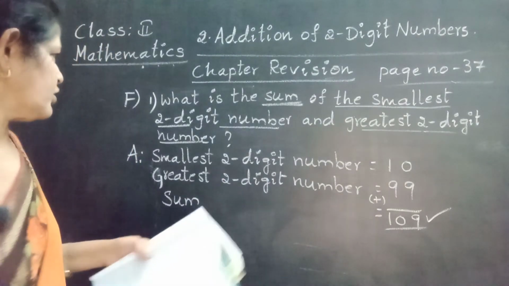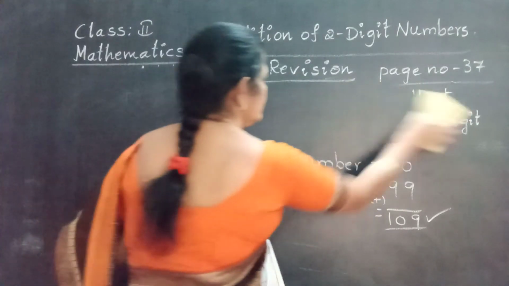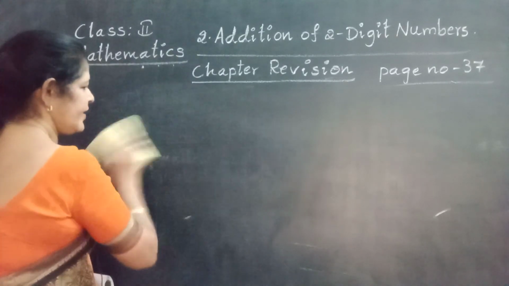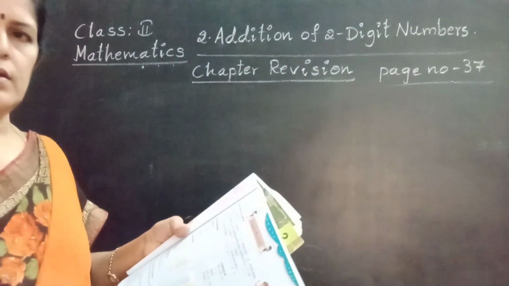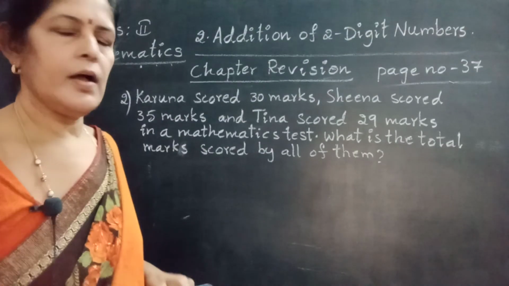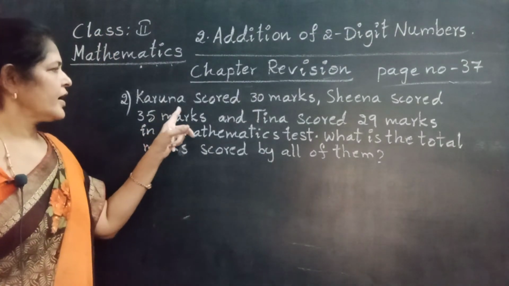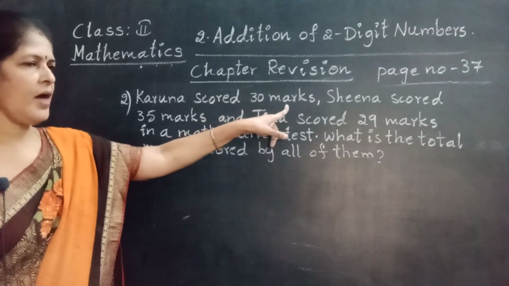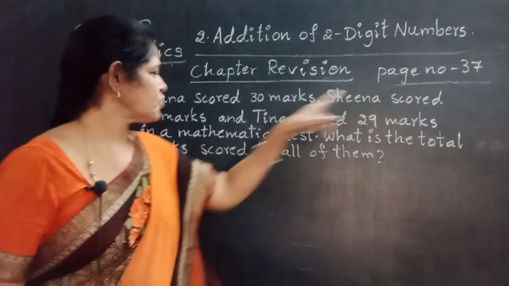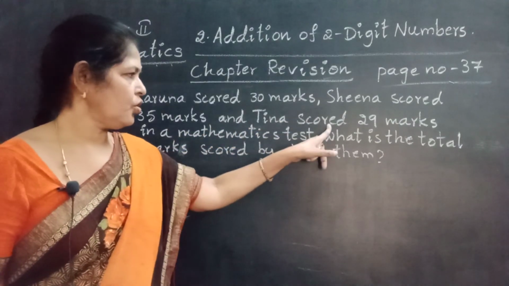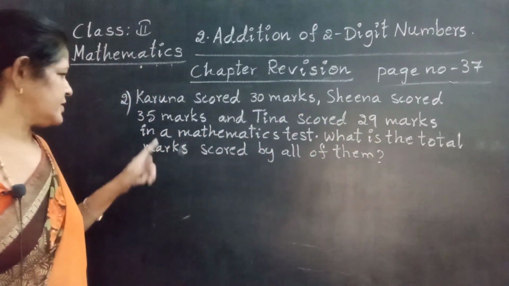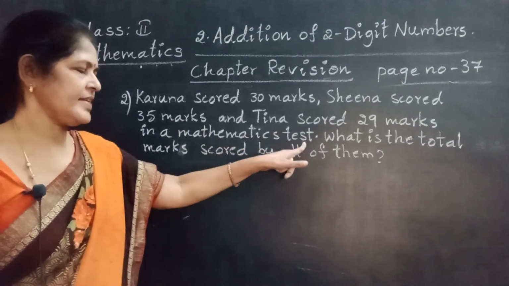Now go to second question. In our textbook, last question. Come on children. Karuna scored 30 marks. Sheena scored 35 marks. And Tina scored 29 marks in a mathematics test.